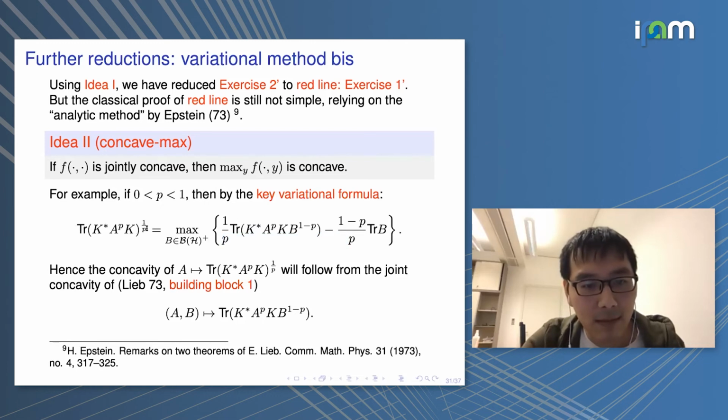Then this one variable function as a function of a, its concavity will follow from the joint concavity of the function inside the brace. And this part is linear, so essentially the concavity of this one variable function will follow from the joint concavity of this two variable function, which is nothing but the building block 1, the concavity result of Lieb.